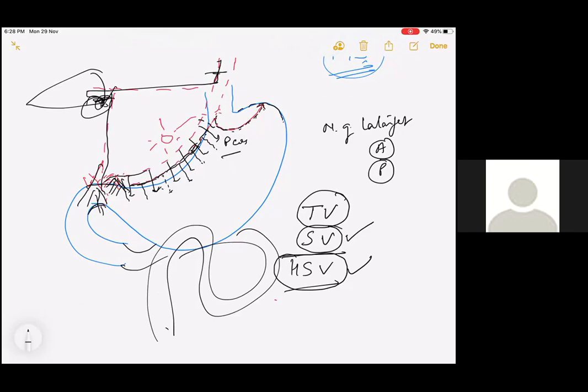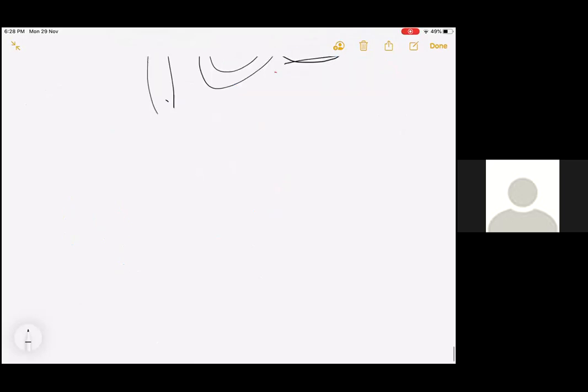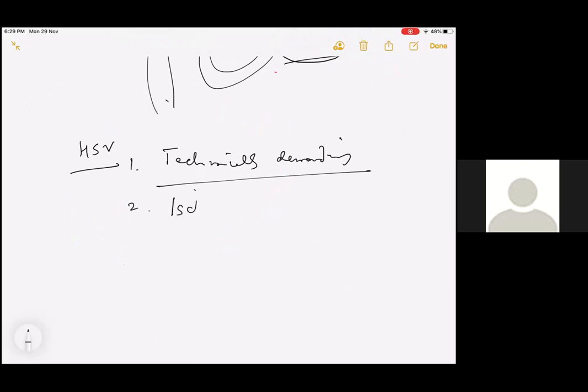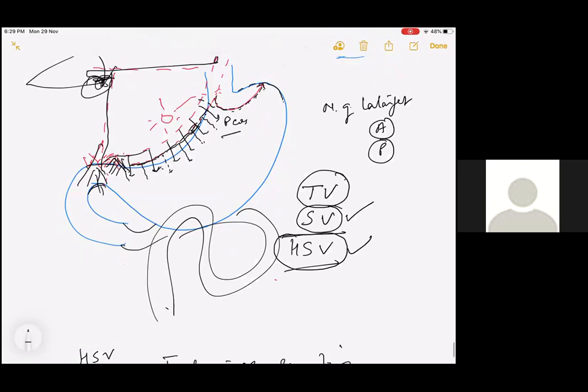So this is the understanding of the concept, that is truncal vagotomy, selective vagotomy, and highly selective vagotomy. So the issues with highly selective vagotomy, if I may pen them down: one, technically demanding. Two, it could produce, along with denervation, ischemia also. Because you're cutting off here, you can actually end up cutting off the blood supply to this place also.